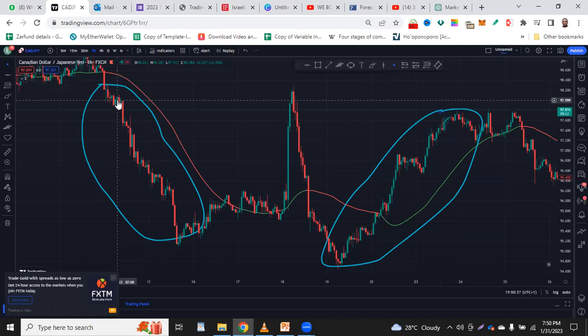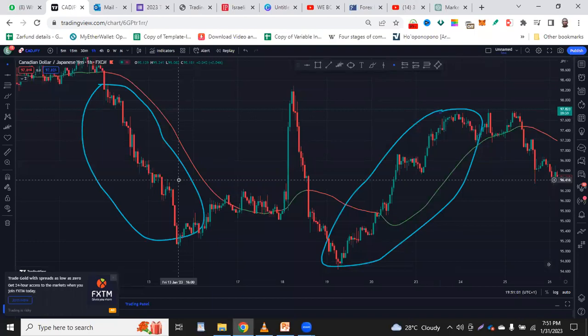If you are new to the group, I think I'll probably post the classes again so that you can go through them. We had in-depth classes on that already, right? So a series of higher highs and higher lows is what we defined as an uptrend, while a downtrend is a series of lower lows and lower highs. A series of lower lows and lower highs is what we call a downtrend.